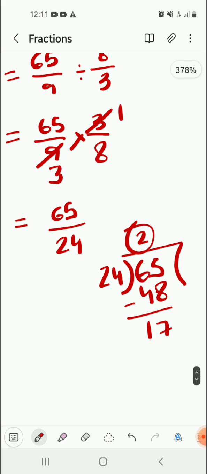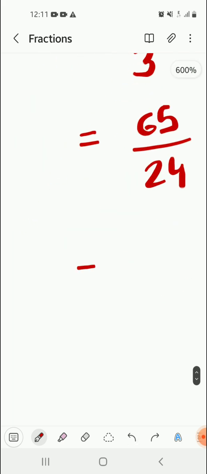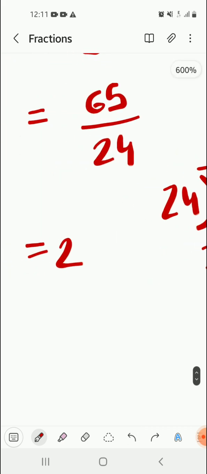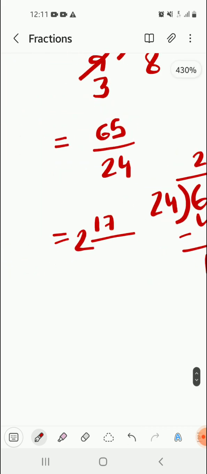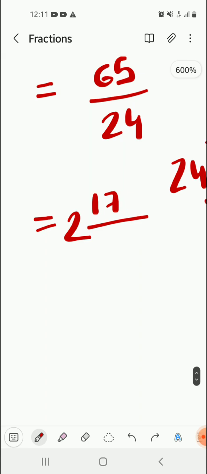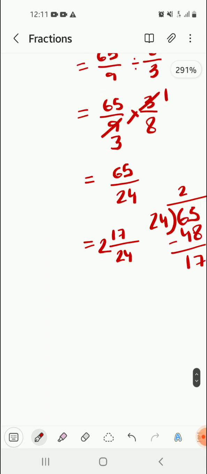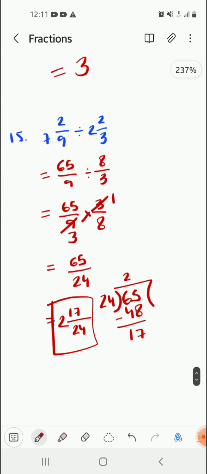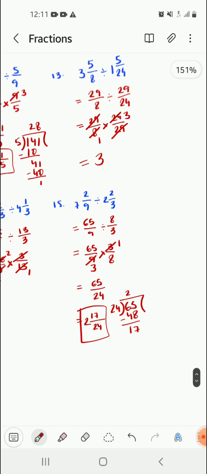So here this 2 of the quotient becomes my whole number. The remainder 17 becomes my numerator and my divisor 24 becomes my denominator. This is our answer. That is it.